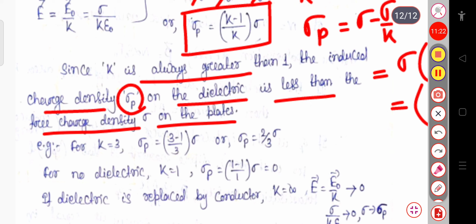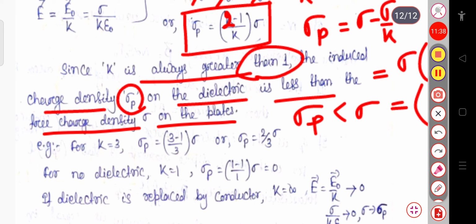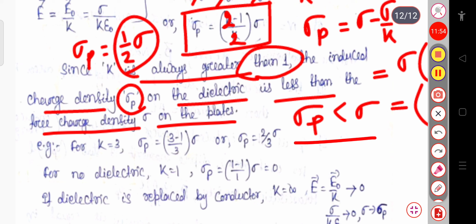Mathematically, for example, suppose you put k value as 2, so 2 minus 1 divided by 2 is 1 by 2, which means 0.5 sigma. Sigma p will be equal to half of sigma. So from this it is clear that sigma p will be less than sigma. Similarly, you put any value of k, you will always get sigma p less than sigma.